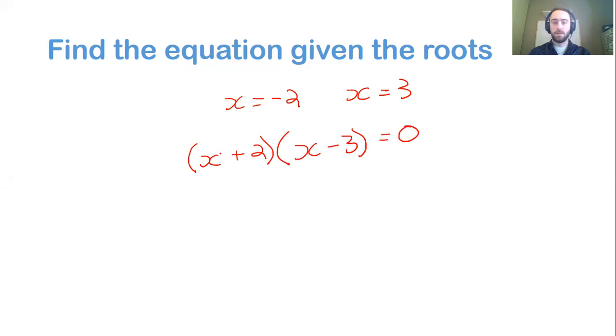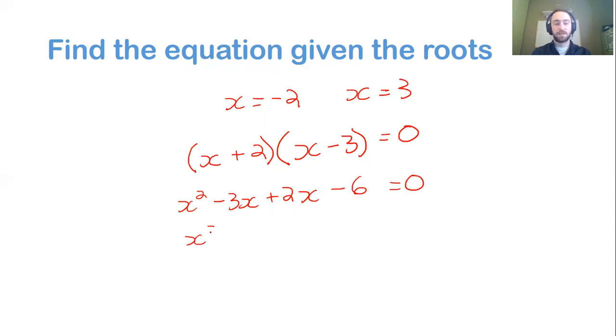These are simply the factors. If we plug in negative 2, we get 0. We plug in positive 3, we get 0. This makes sense. And now, why not just FOIL out our factors? So we get x squared minus 3x plus 2x minus 6 equals 0.